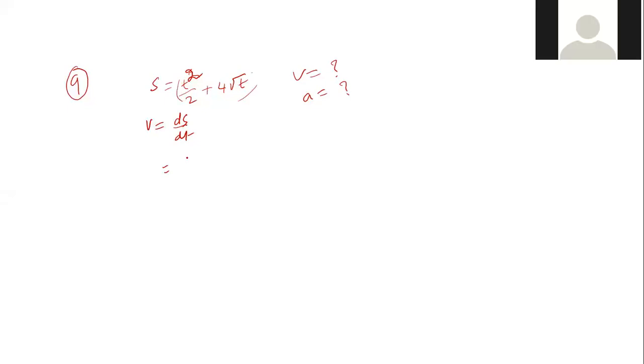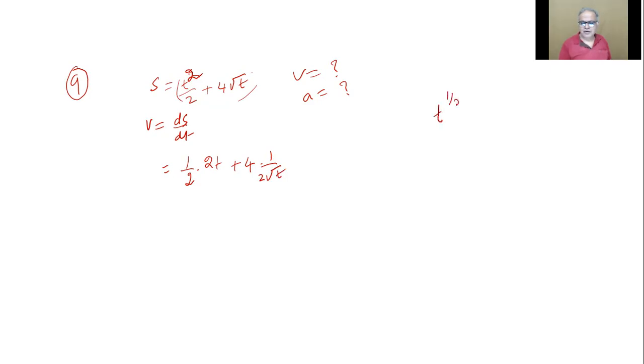So what should I do now? V equals derivative of this. Suhita, tell me. 1 by 2 will remain as it is. T square's derivative is how much? 2t. Plus 4 into derivative of root t, which is how much? Half. How can you forget one thing once it is done already?